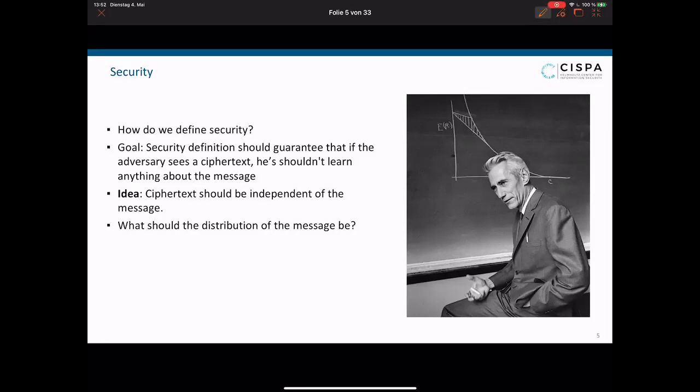And one thing you might ask now is, okay, what kind of messages do we encrypt? From what distribution do these messages come? Are they sampled from German, from English? I mean, Shannon's answer was, however you model this, it should work for any distribution of messages. So it really shouldn't depend on what you encrypt. The encryption algorithm should still be secure no matter what is encrypted, which, again, famously was not the case, for instance, for the Enigma.